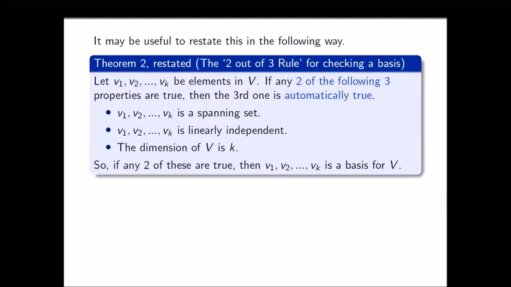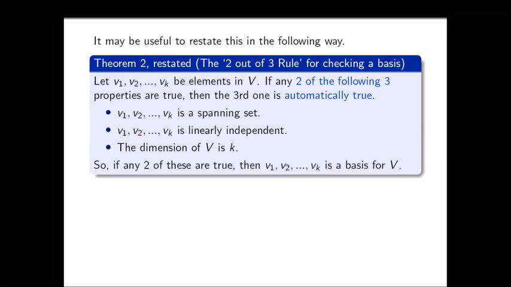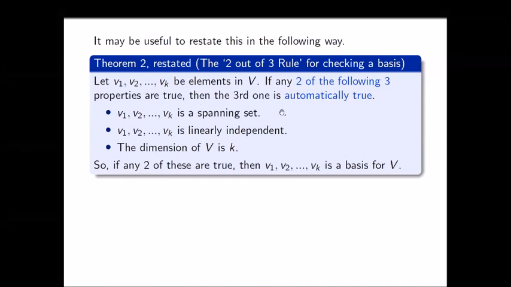Now, we can restate the theorem in the following way. We'll call it the 2 out of 3 rule for checking a basis. So let's say we have k vectors in a subspace V, V1 through Vk. If any 2 of the following 3 properties are true, then the third one is automatically true as well.